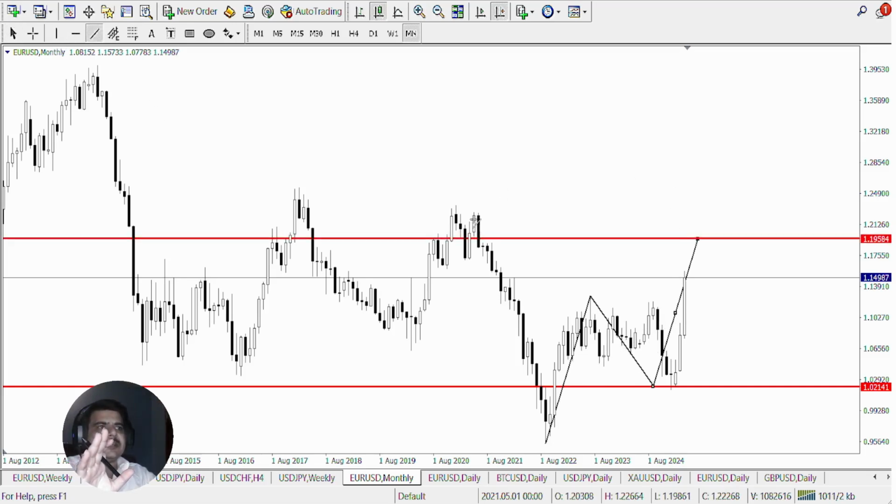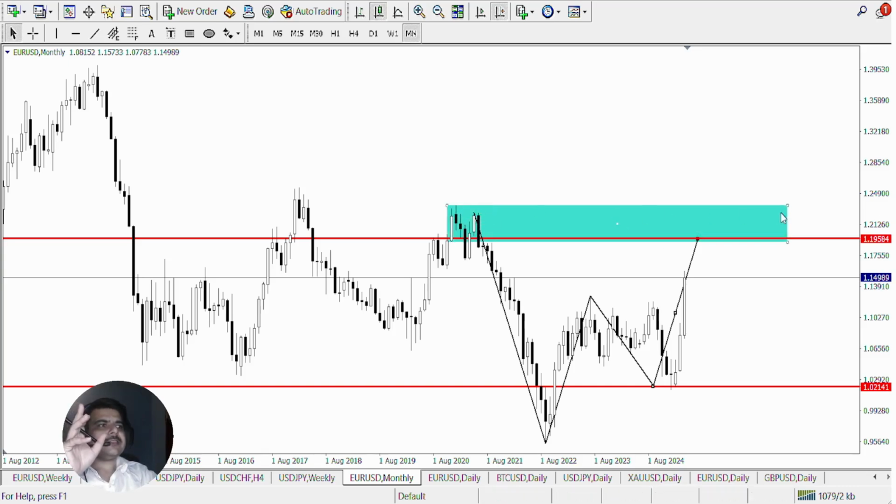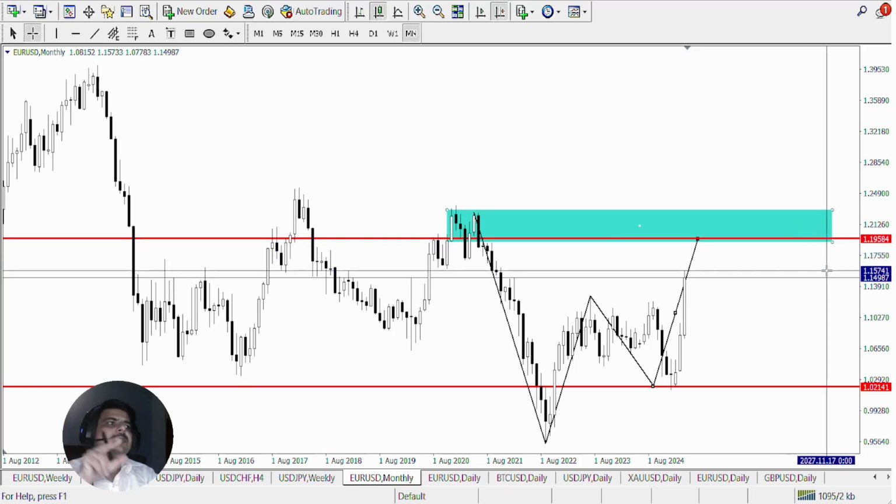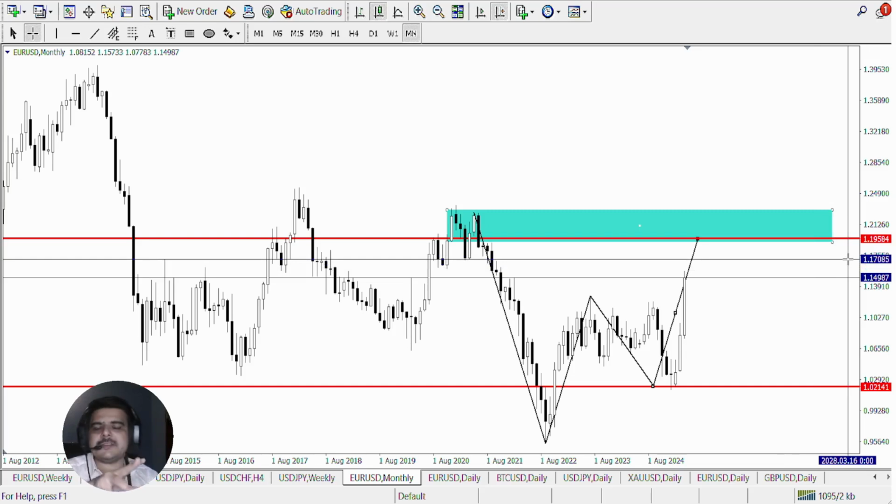This looks like a very nice and fantastic pattern, but such patterns we don't get every day. As per this pattern, it is suggesting that the market is soon going to hit this previous resistance area, this whole resistance area all the way up to 1.22, and the initial sell-off level will start at 1.19584.